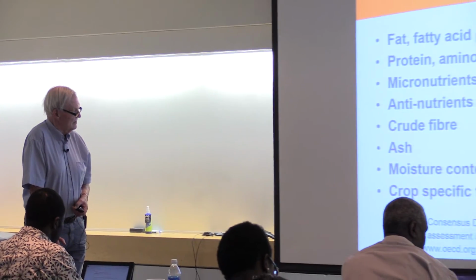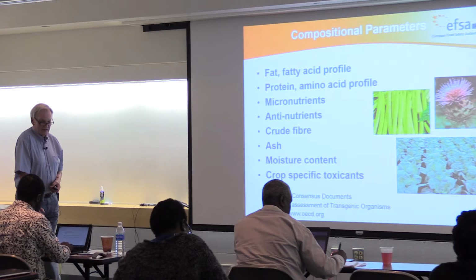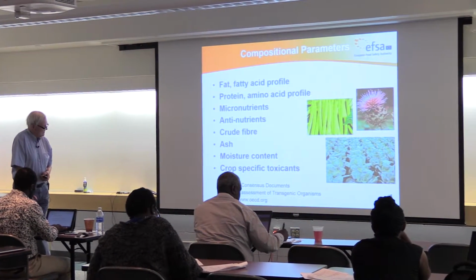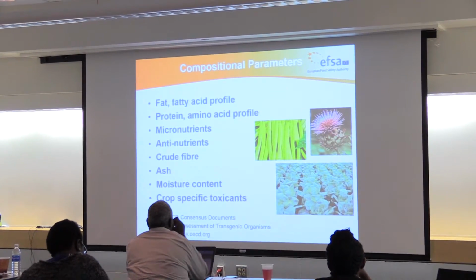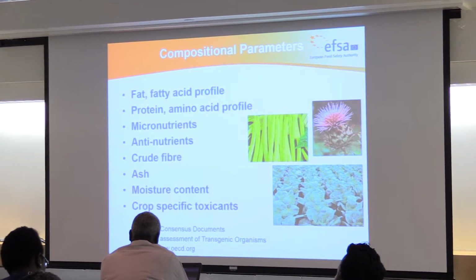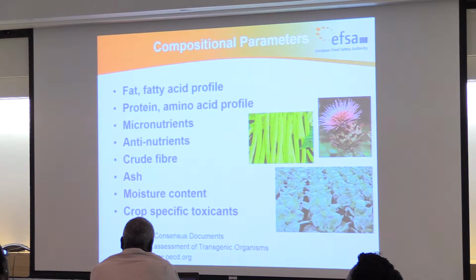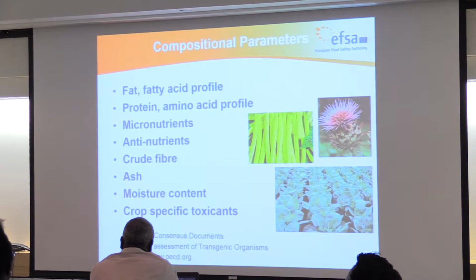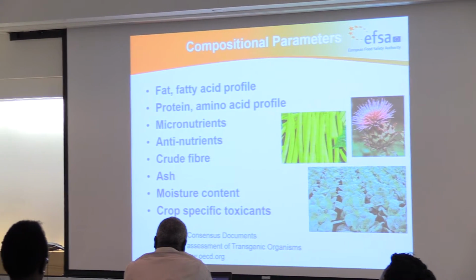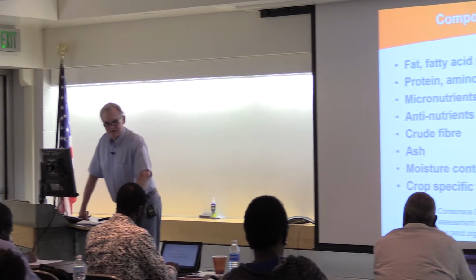Now the composition parameters sound logical, and they are well described in detail in the OECD consensus documents. The basic idea of having an extensive compositional analysis in the early days when we were looking at GM crops was: let's take as many compounds as we can measure, so that if something would change unintendedly, we may be able to pick it up earlier.